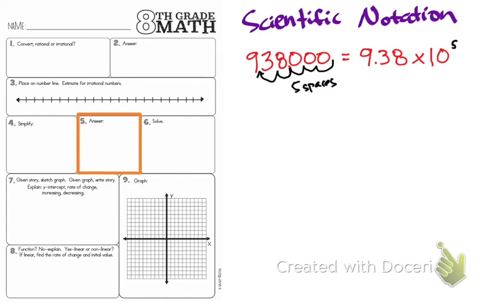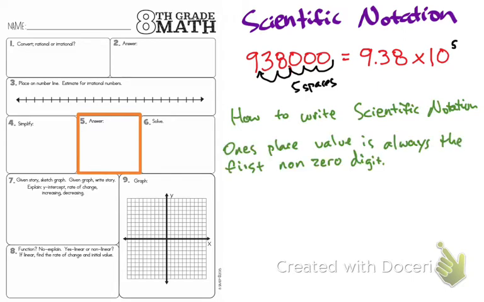So here's our rules for how we would write in scientific notation. The ones place value is always going to be that first non-zero digit. In this case, it was 9, so we used 9 in that ones place value.